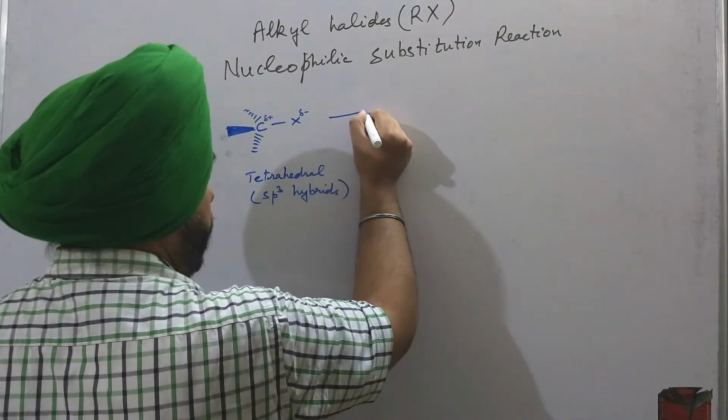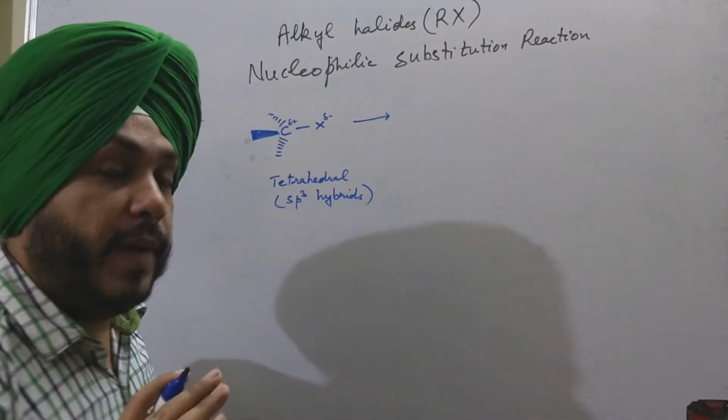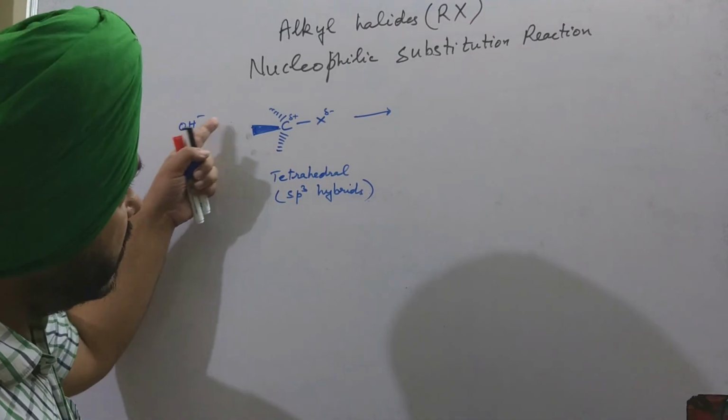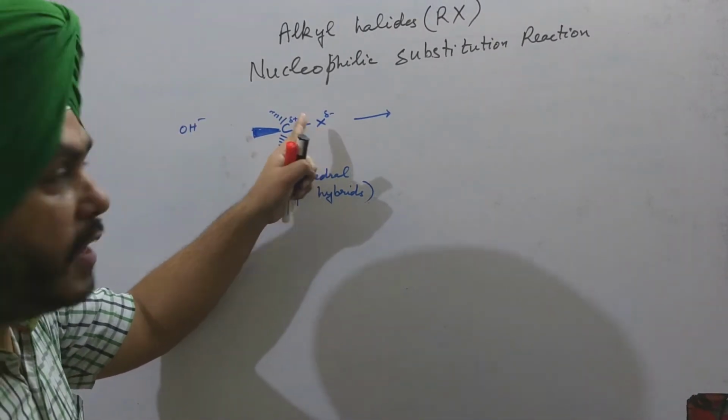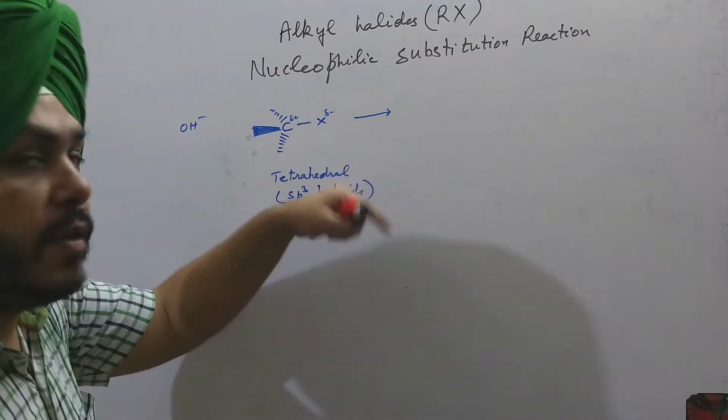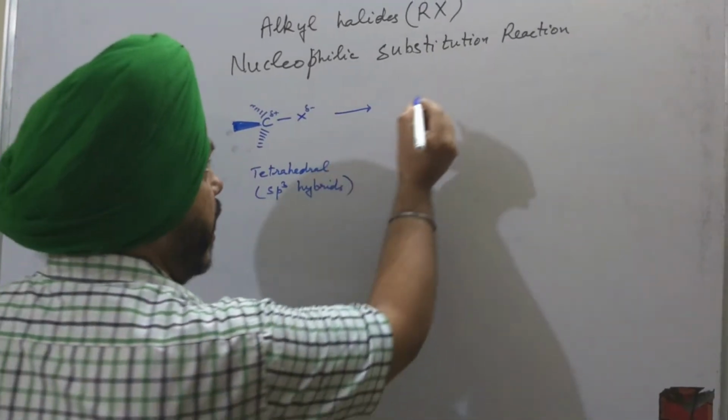In one of the mechanisms, as the OH attacks, the halogen atom leaves with its shared pair of electrons.